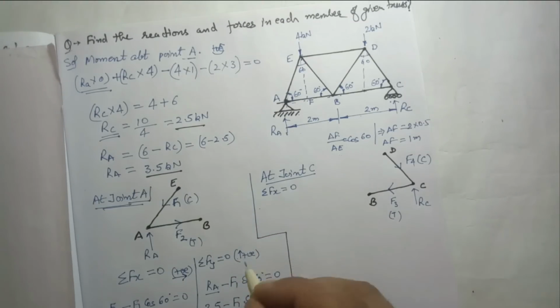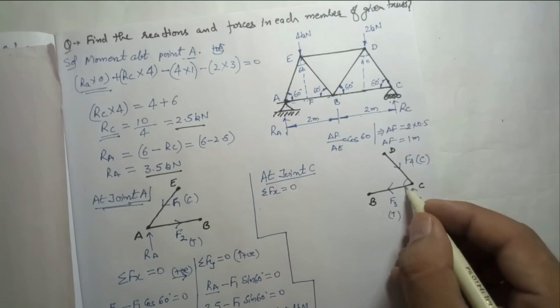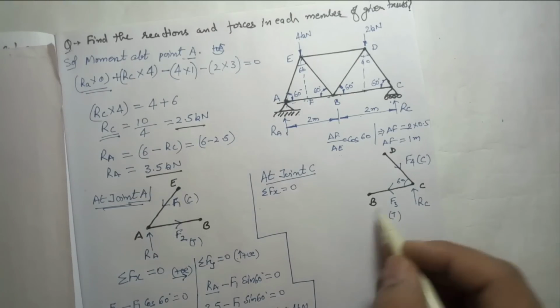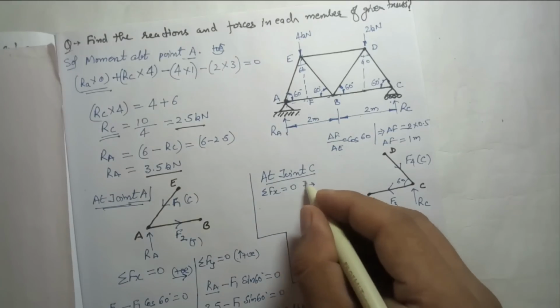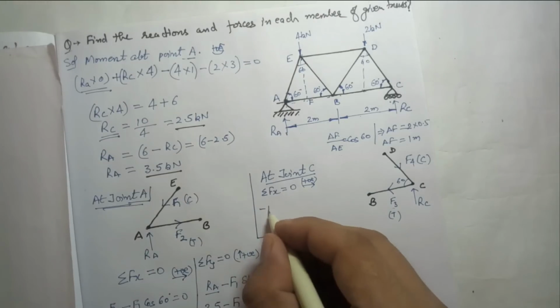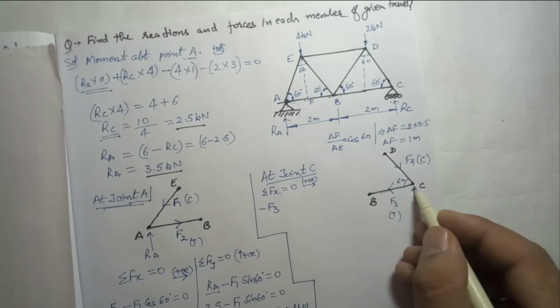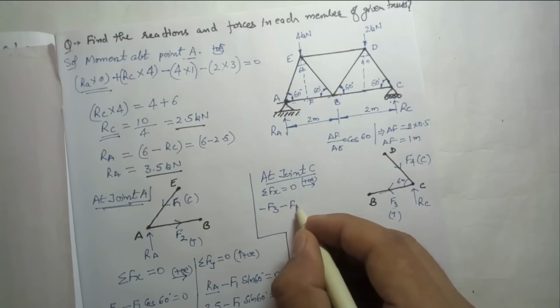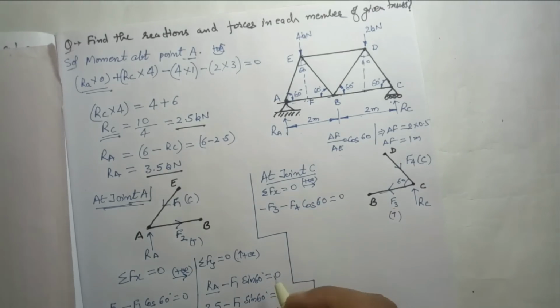Fx is 0 and then we will apply Fy is 0. Now for Fx, this angle is 60, and all x direction forces sum to 0. What are the x direction forces? Let's say I have taken right side positive, so F3 is in this direction, and F4's component will have the opposite direction, so F3 and F4 cos 60 are equal to 0.